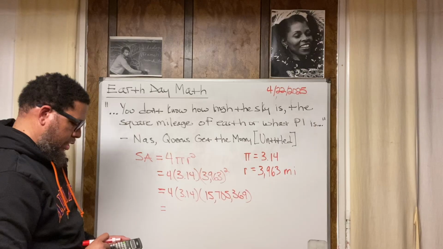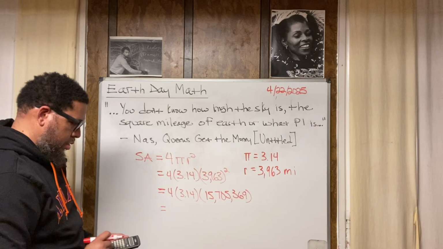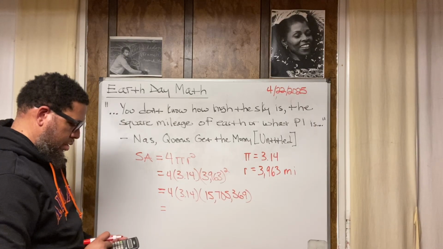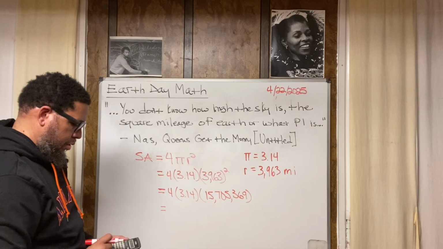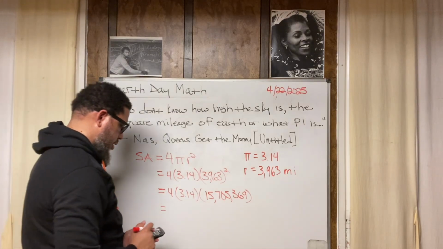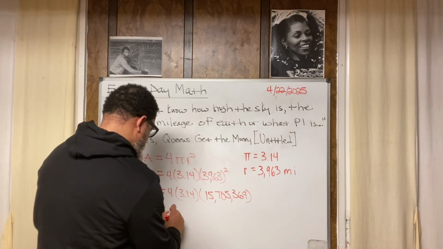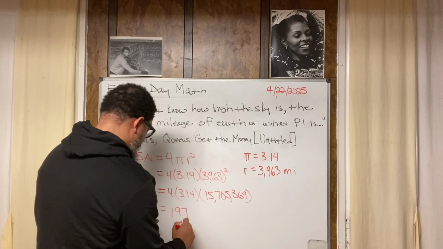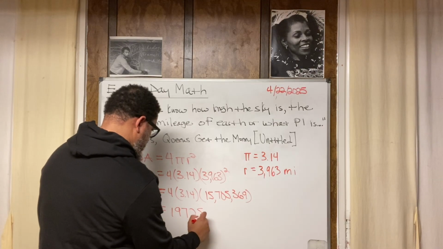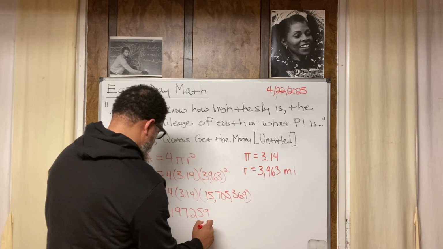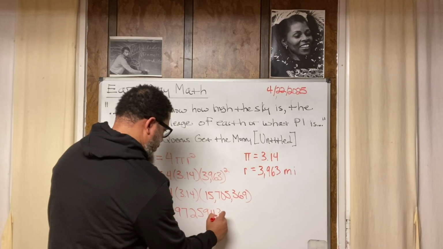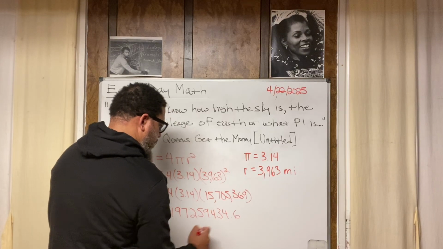Now we multiply straight across. 4 times 3.14 times 15,705,369. All right, so now we've got 197,259,434.6.